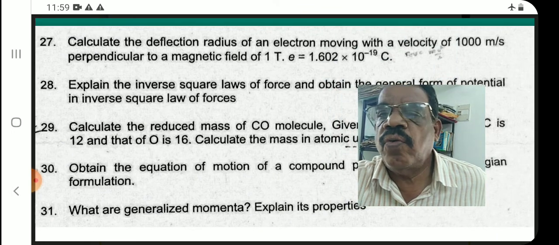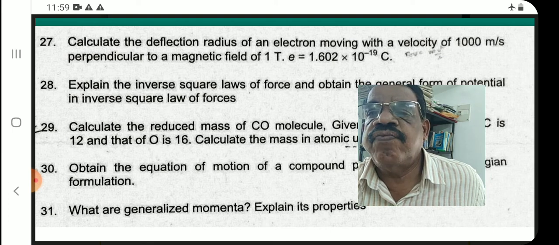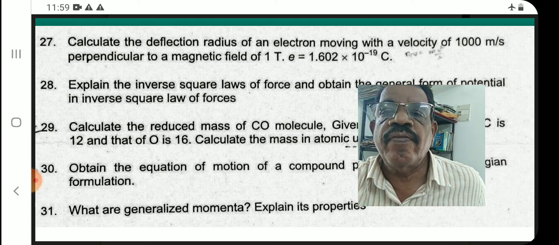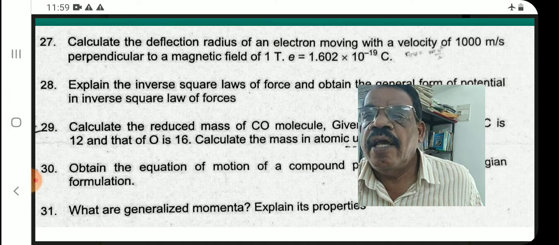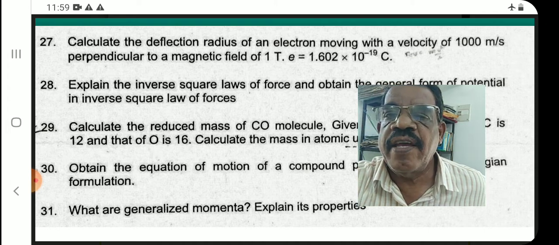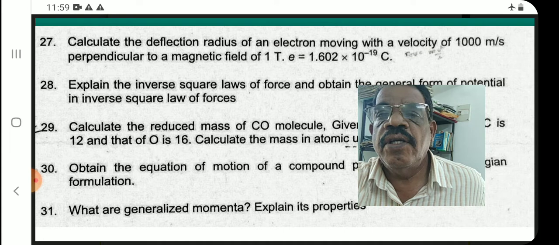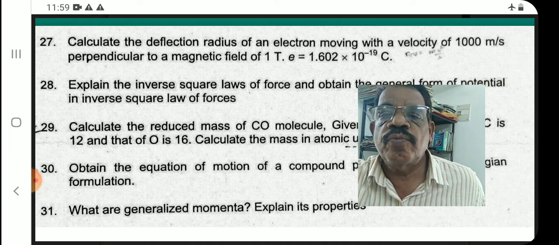Number 27, calculate the deflection radius of an electron moving with a velocity of 1000 meters per second perpendicular to a magnetic field of 1 Tesla. e is 1.602 into 10 raised to minus 19 Coulomb.